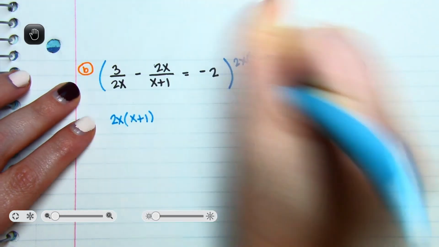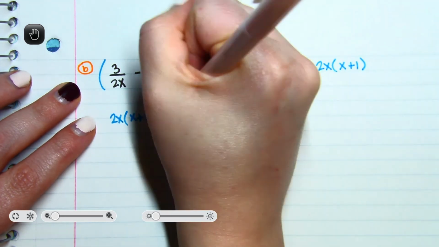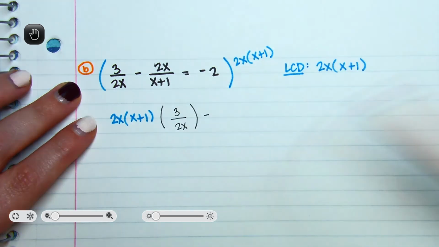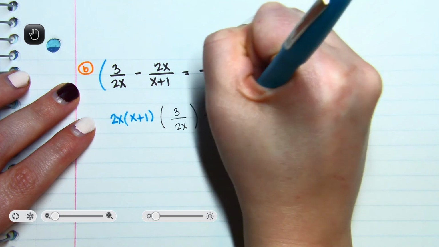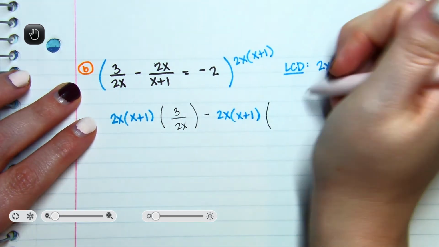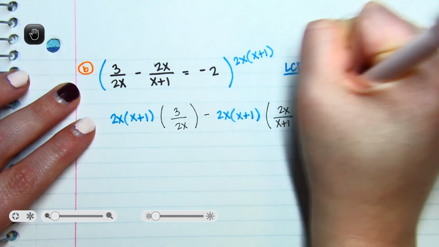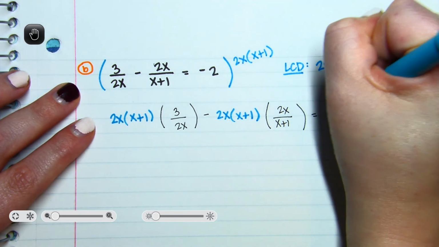I personally like to do it just because it helps me keep track of stuff and helps you see, looking back at the notes too, where stuff comes from and why. So I'm just writing out my LCD multiplied by each individual part of this original problem, so that it makes it a little easier for me to see what's going to get canceled out.